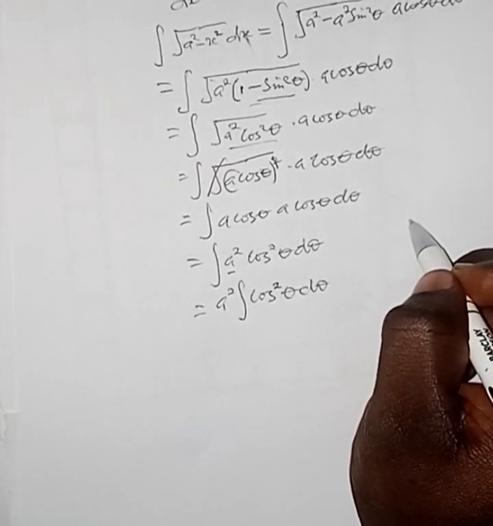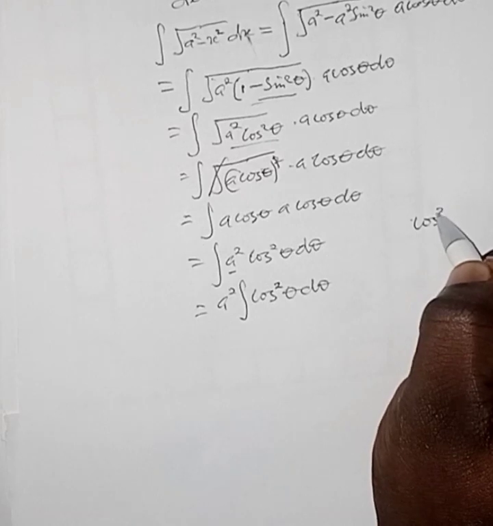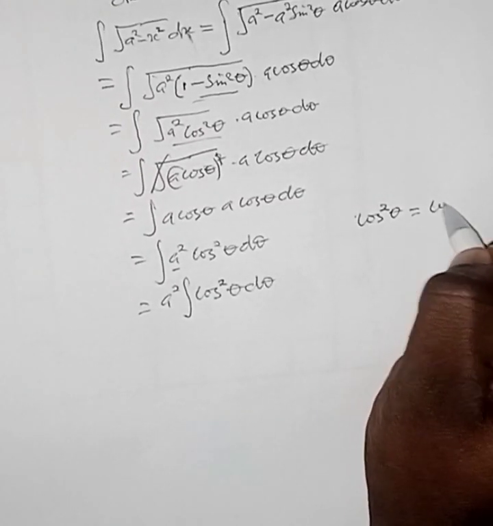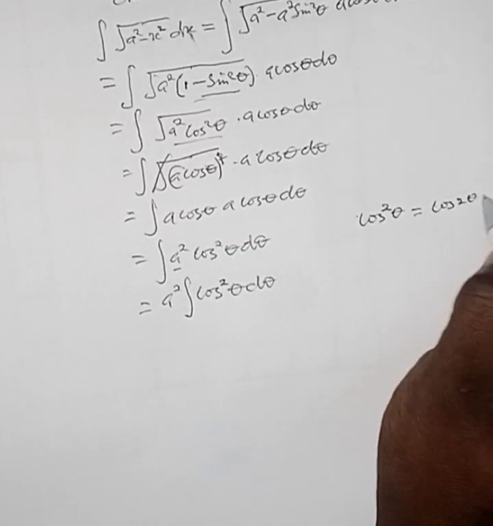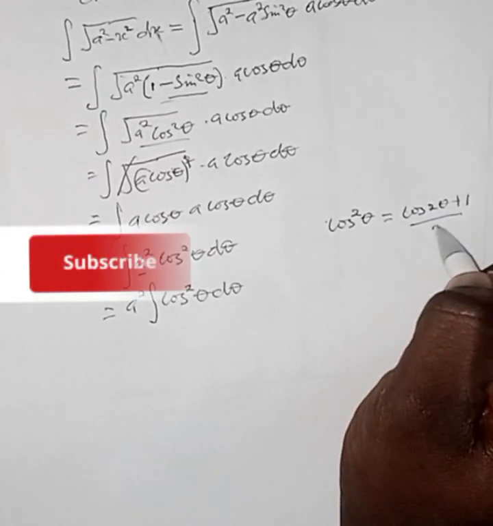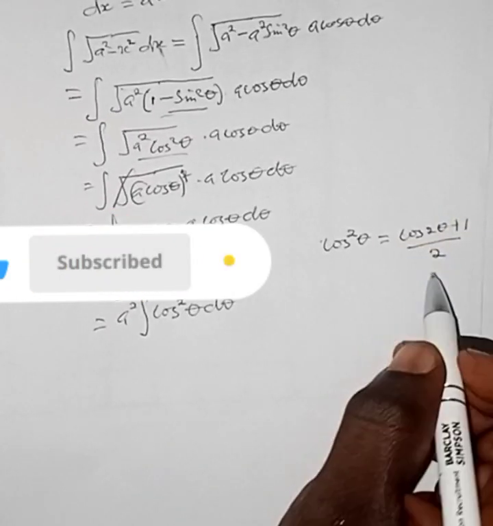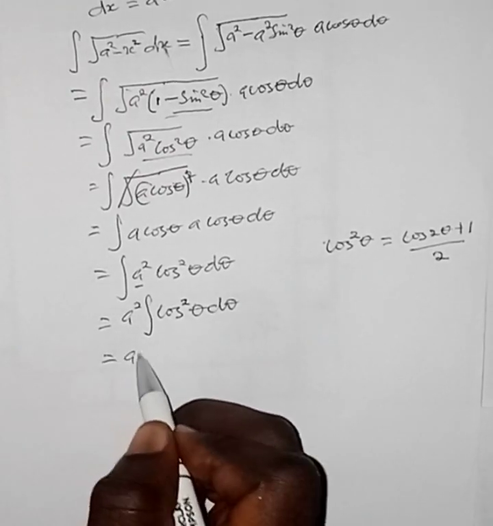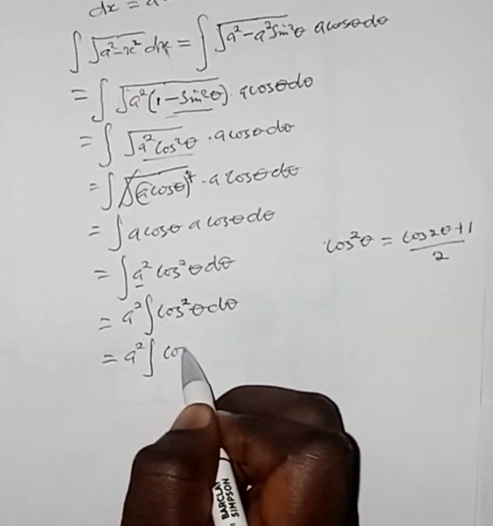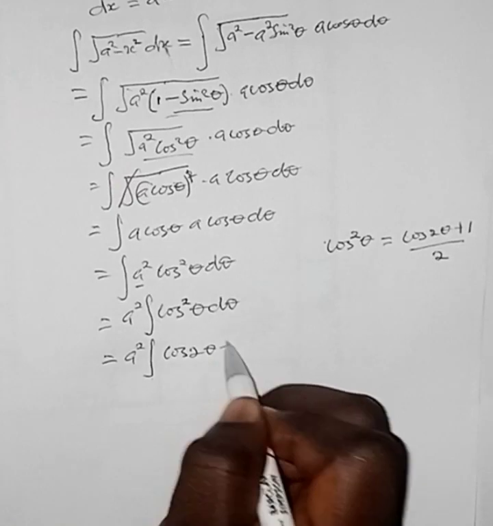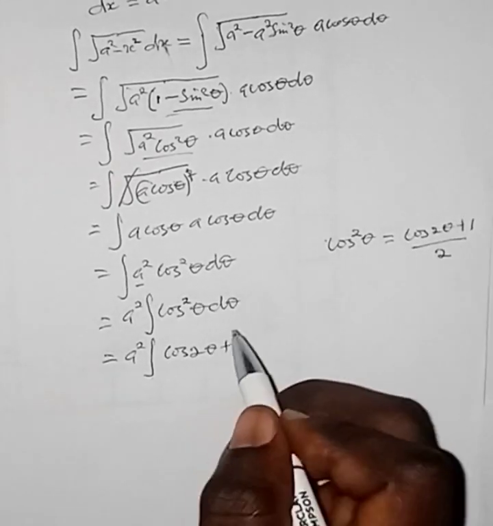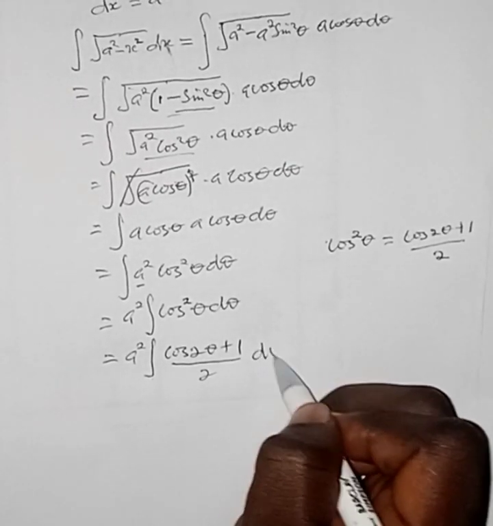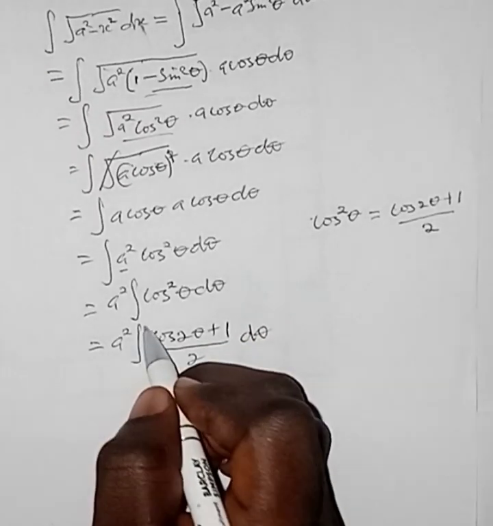If you remember, cos squared theta can be written as cos 2 theta plus 1, all divided by 2. We are going to make this substitution right here. Doing that, our integral now becomes a squared times the integral of (cos 2 theta plus 1) divided by 2, and of course our d theta is also here.